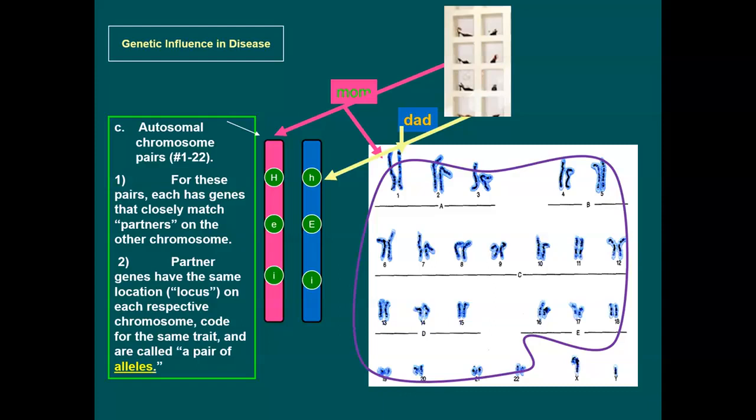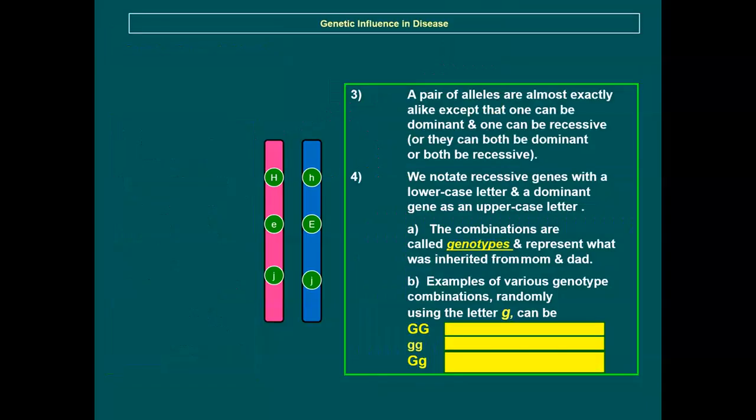The pair of alleles that do the same function are pretty much partnered together on this pair. Now, a pair of alleles are almost exactly alike. In other words, the pair will code for the same thing, but one part of that pair, or one allele, can either be dominant or it can be recessive, which means when these alleles are paired together, we're going to notate, number one, the dominant gene with an uppercase letter and the recessive gene with a lowercase letter.